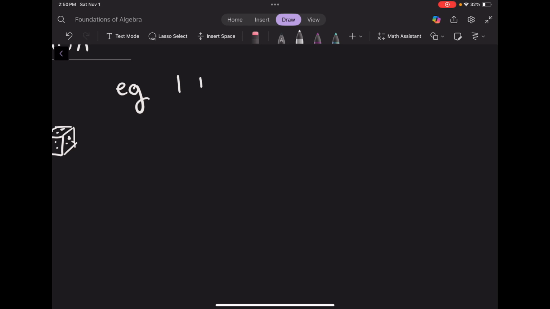Let's do 1 plus 4. This line represents our space that we are in right now. And what's going to happen is I'm going to draw this. You can really put it anywhere you want. Just make sure that you have space where you're going, right? So this is just going to go on the number line.